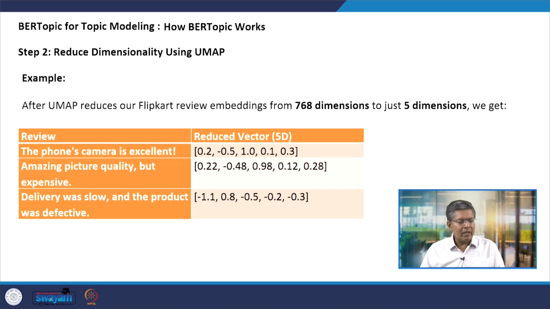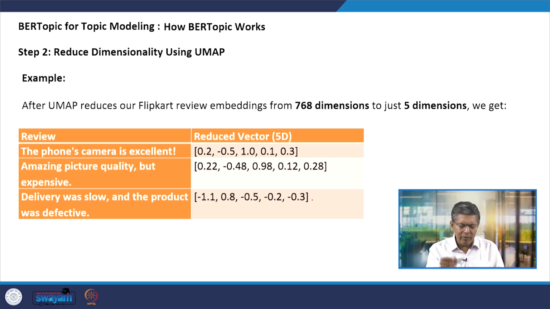Now, look at this. After UMAP reduces our Flipkart review embeddings from 768 dimensions to just 5, how does it look? The phone's camera is excellent: 0.2, 0, minus 0.5, 1, 0.1, 0.3. Second one: 0.22, minus 0.48, 0.98, 0.12, 0.28. The third one: minus 1.1, 0.8, minus 0.5, minus 0.2 and minus 0.3.